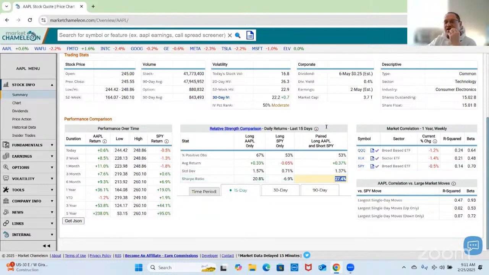So you could see that having that hedge, or financing the purchase of Apple by shorting SPY, performed better than just long Apple or just long SPY. That was because it had a better daily return than all of these, 0.37. It had a higher standard deviation than just SPY alone, but lower than just Apple.